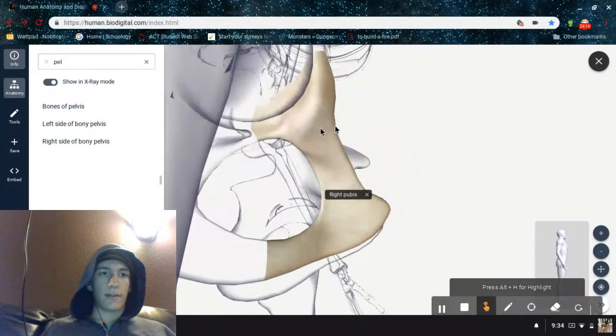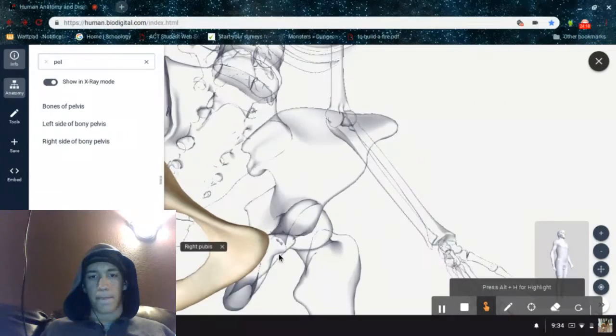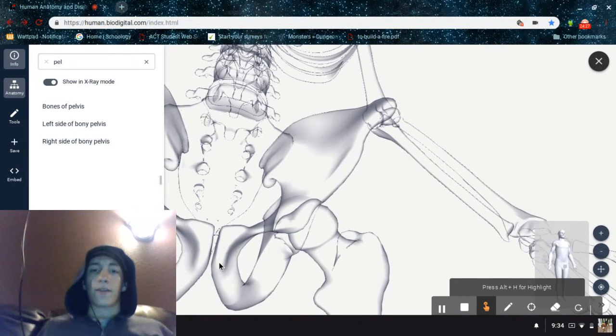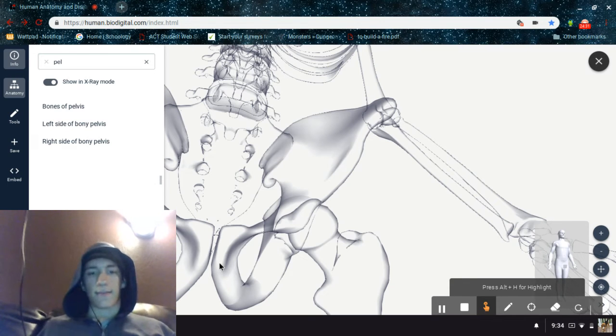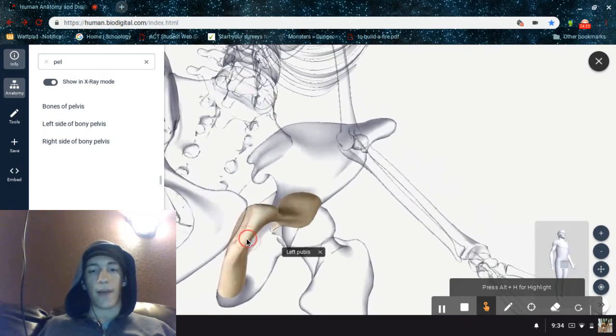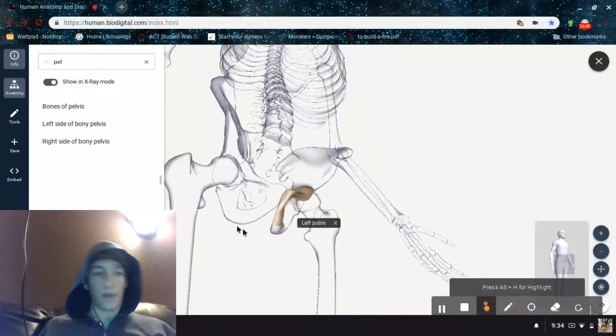And your pubic symphysis: you see where your two pubic bones are just a little bit apart? That's also filled by cartilage called your pubic symphysis. It's technically a joint, but it's only a little bit malleable, so we call it an amphiarthrotic joint.